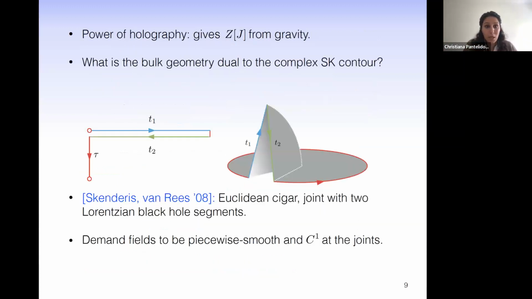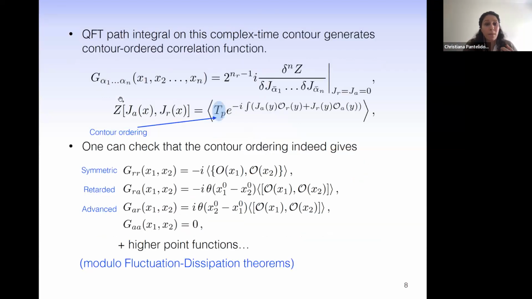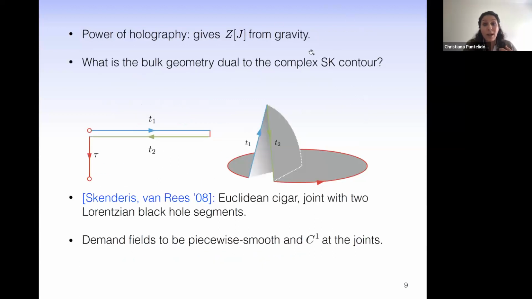And at this stage is where the power of holography kicks in, because it gives us a way to compute this generating function from the gravity side of the duality. But in order to do that, as I said on the very first slide today, we need to evaluate the path integral on a gravitational saddle, the gravitational saddle that is dual precisely to the contour that we consider on the boundary.